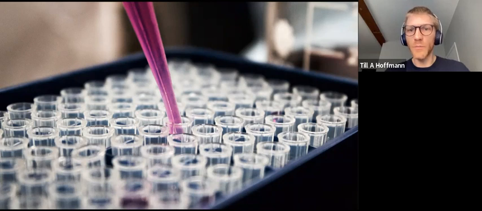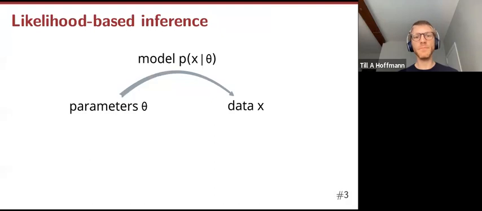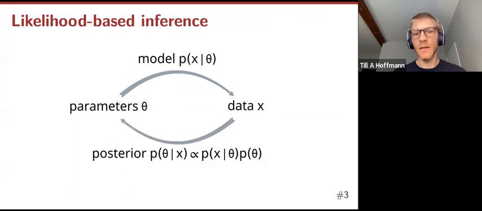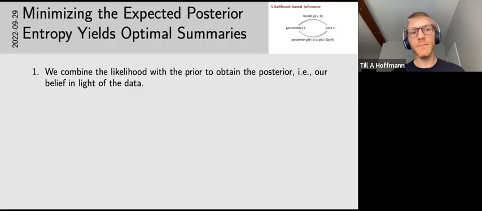If we can evaluate the probability of the data under the model, we can use maximum likelihood estimation, sampling from the posterior with Monte Carlo samplers, or using variational inference, for example. So typically, we have some parameters theta. We have a model that we can either evaluate the likelihood for, or we can simulate from it, and that gives us some data. And the reverse is, of course, trying to get the posterior, so the distribution over the parameters given the data and a prior.